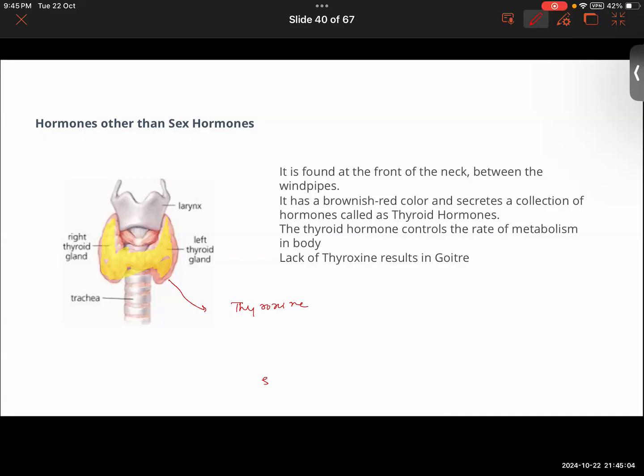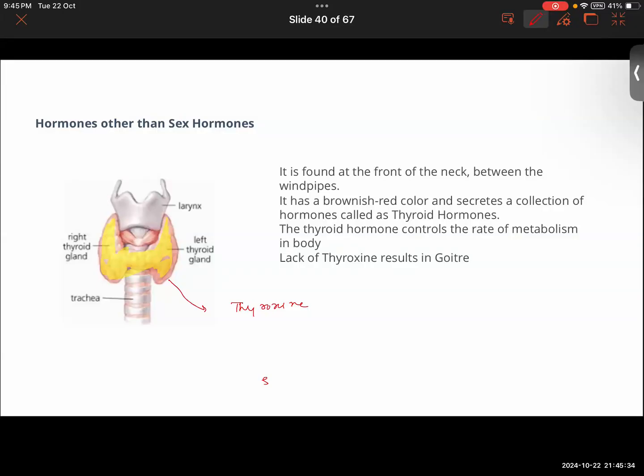Okay, now many times you would have seen that certain people suffer from goiter. Goiter is a deficiency disease caused by the lack of iodine in the diet. Due to the lack of iodine in the diet, what happens? This thyroid gland will swell up, and thereby it will lead to goiter. You guys would be familiar with the term goiter before, right?